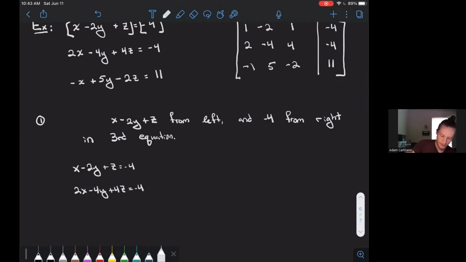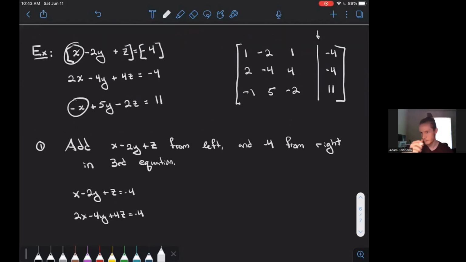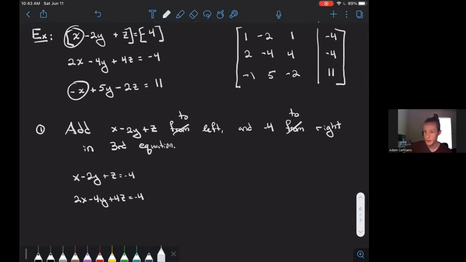Don't subtract, add. I said subtract, but I meant do the thing that makes these x's cancel. Add 2. Very important: we want to cancel out some kind of variable, if possible.